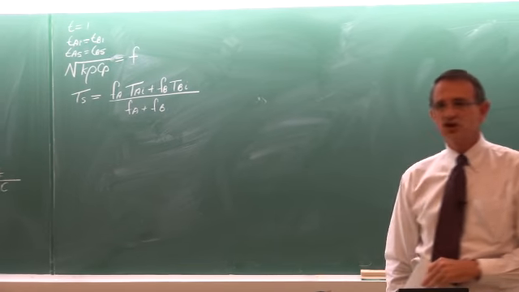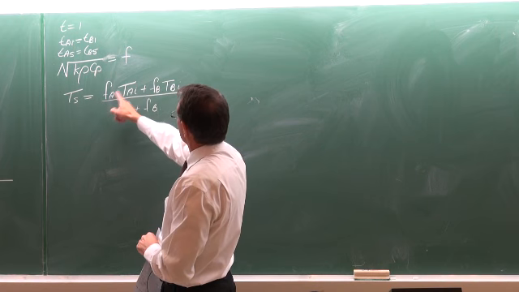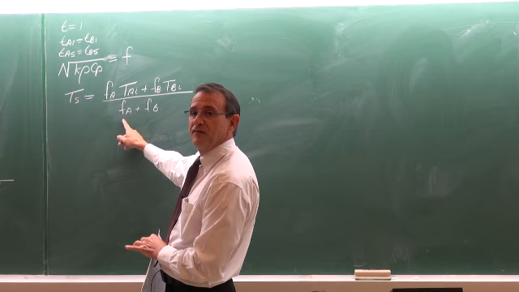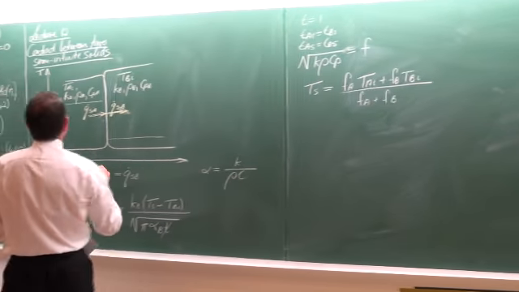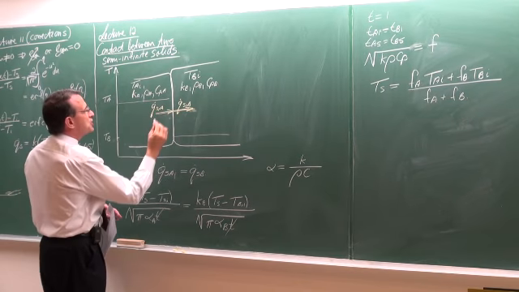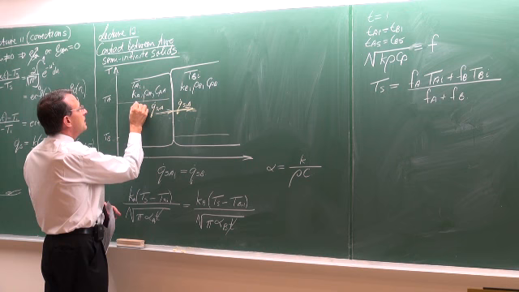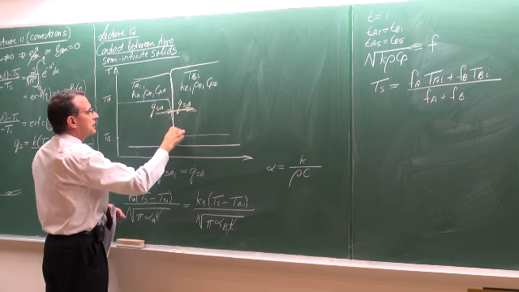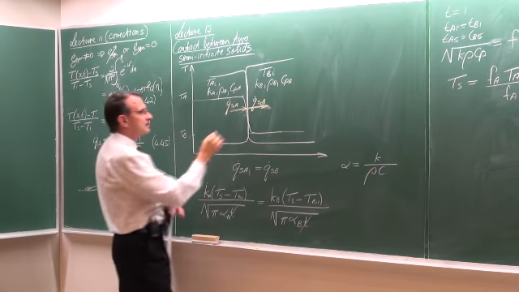So the surface temperature is being determined by the initial temperatures and the values of Fa and Fb. So if we now go and plot the temperature distribution of the surface as a function of time, then we will see at t equal 1 second that the temperature distribution is going to look something like that.